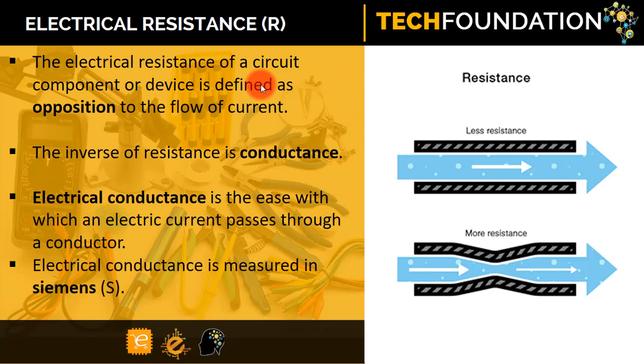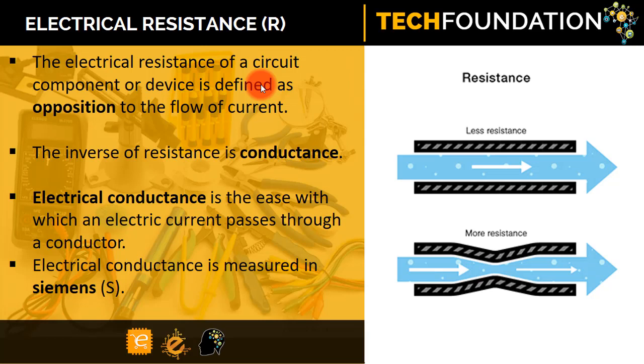Now, because electronics is mostly about controlling the flow of electrons, sometimes we deliberately insert materials with known resistances in circuits to oppose the flow of current, so that a calculated amount of current will be allowed to pass through the circuit.